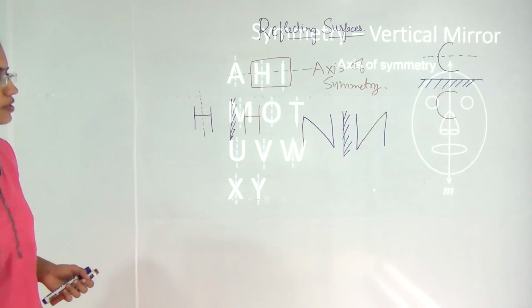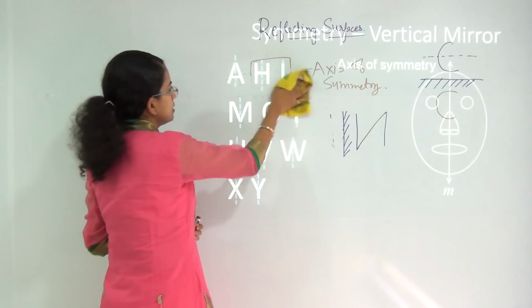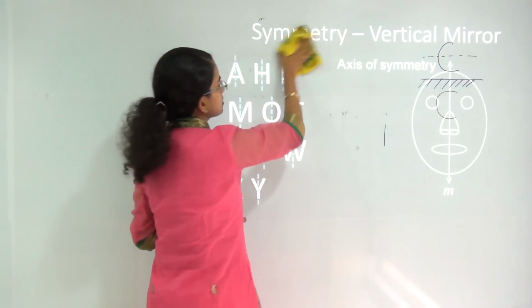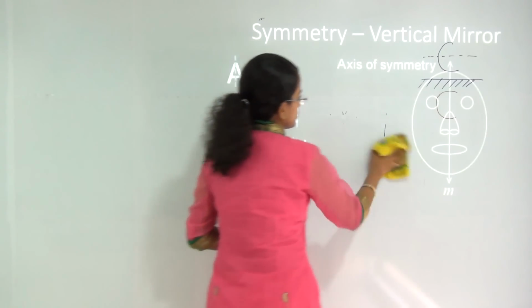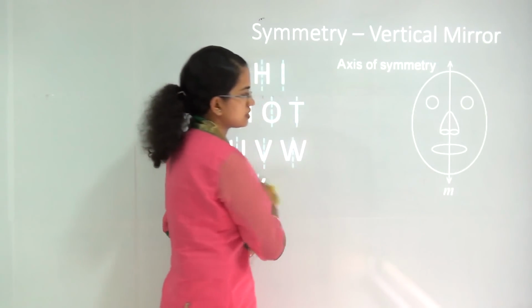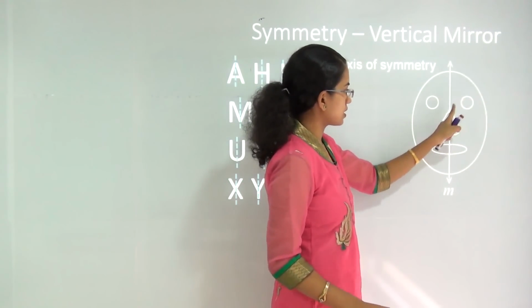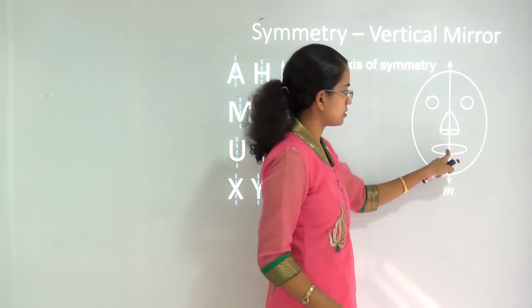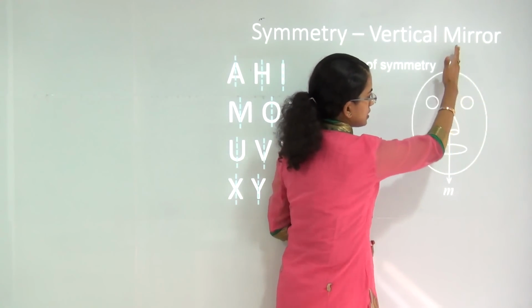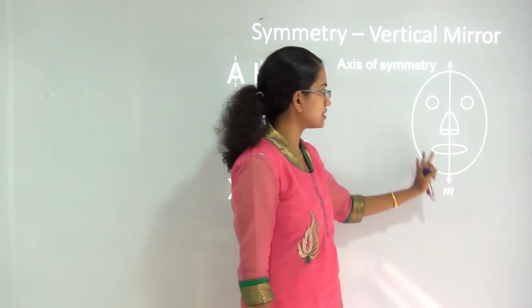Now let's move on to some examples of symmetry in case of a vertical reflecting surface. I am taking the vertical reflecting surface as a mirror here. If this is an image of a face, you have two circles here, a nose which is totally symmetrical and a mouth which is symmetrical. This half and this half are symmetrical along this vertical axis.